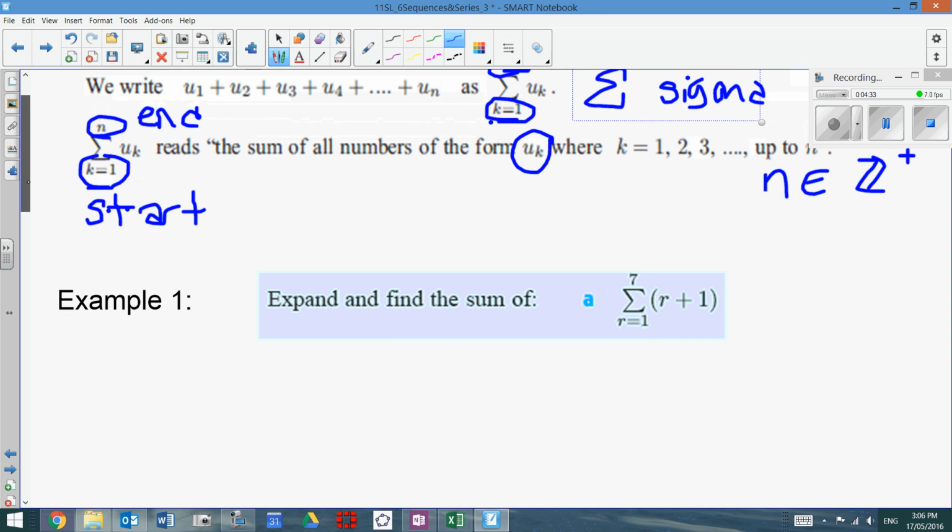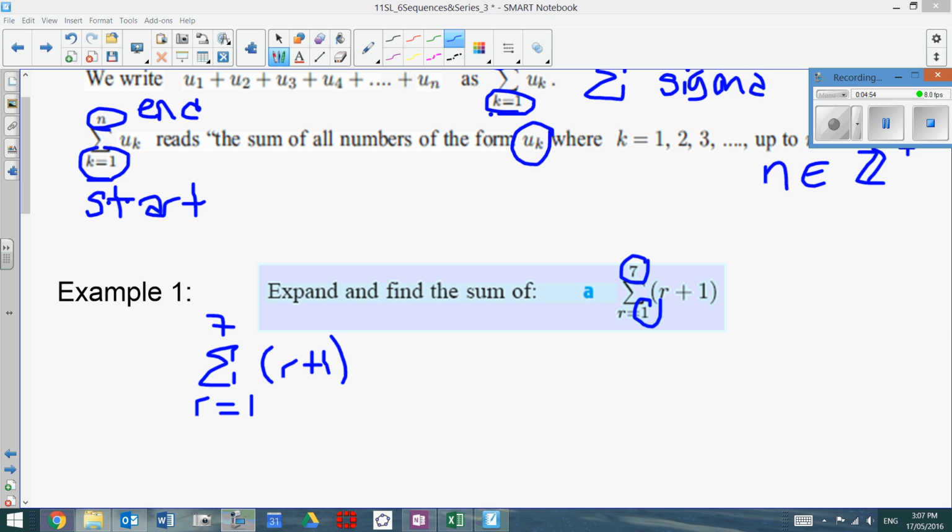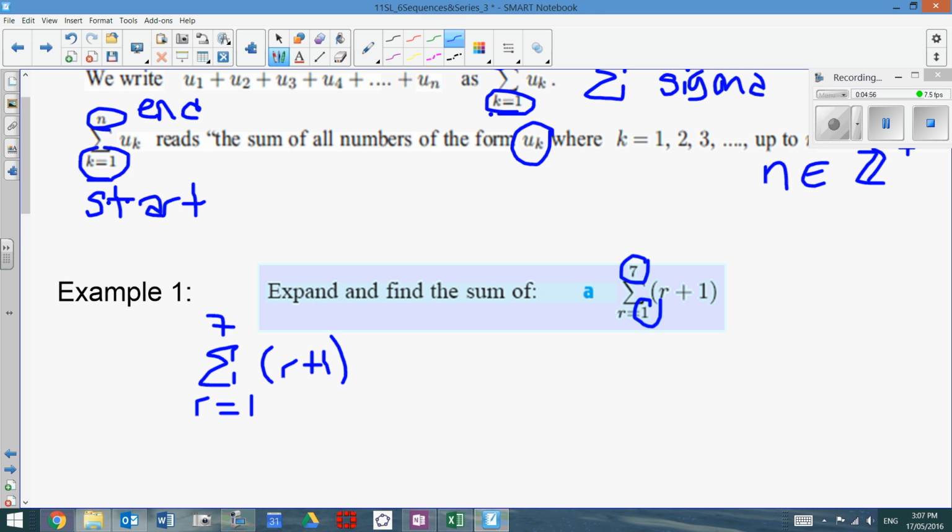If we look at this first example, we have a starting point when r is 1, and an ending point when r is 7. So I'm going to say that the sum from r equals 1 all the way up to 7 of r plus 1 will be equal to, I'm going to replace r with 1, because this is my starting point.